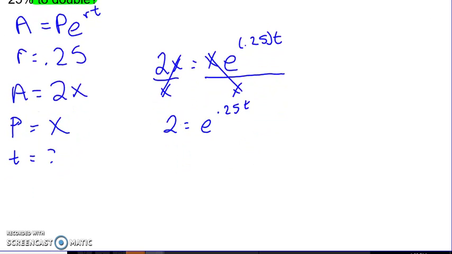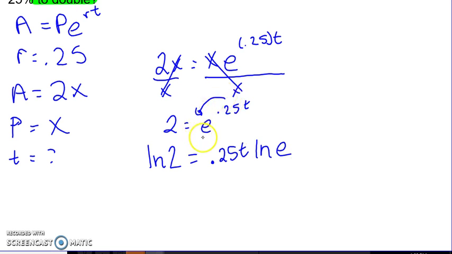When solving this, I have to take the natural log of both sides so I can get rid of this e value. So I take ln of 2 equals, on the right side I move the 0.25t to the front, and then I take the ln of e.